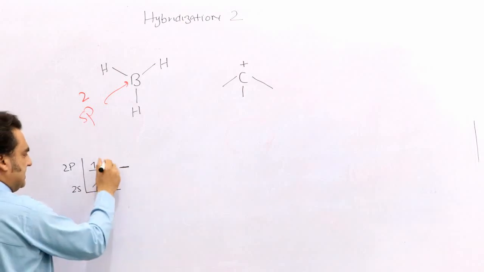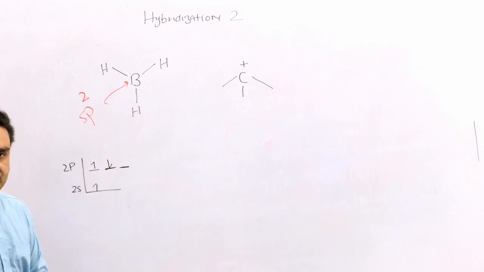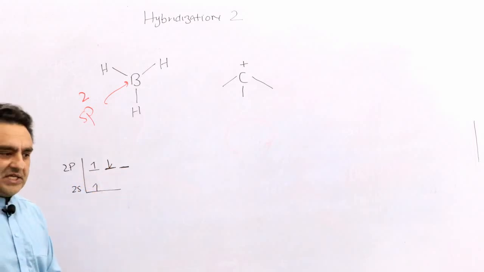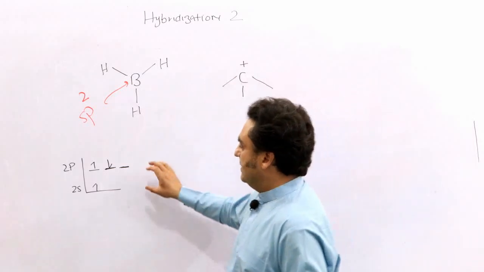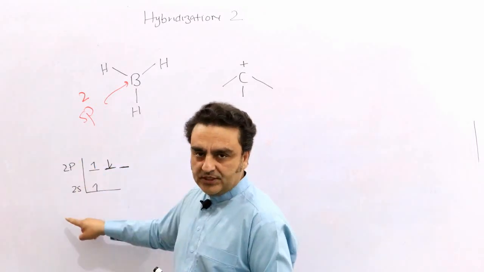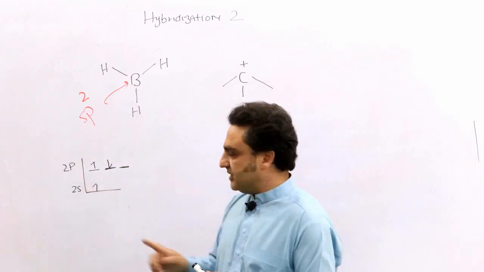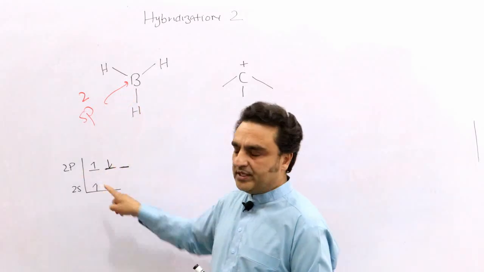Now because one p becomes vacant, it could be px, py, or pz, it doesn't matter. So this p is vacant, and now these 3 overlap together and form sp2 hybridized orbitals. This is the excited state of boron, not the ground state. In the ground state this electron would be here.